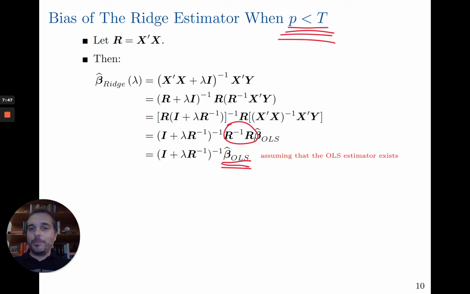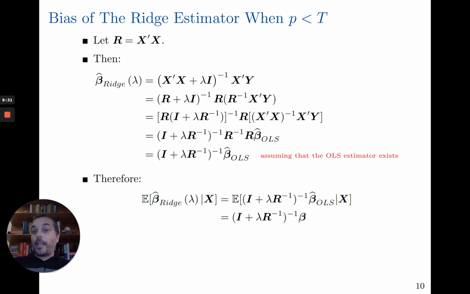This is the beta OLS multiplied by something here. And remember, this is positive, because this is our x prime x. So of course, if this is a diagonal matrix, we are going to shrink all the coefficients towards 0. If this is not diagonal, things are not crystal clear like that. But it's really similar to the James-Stein estimator. We have the unpenalized estimator that's multiplied by a term. That's the shrinkage term.